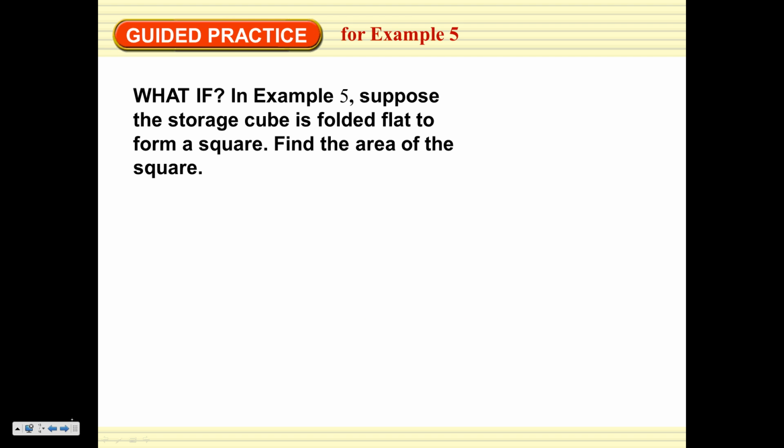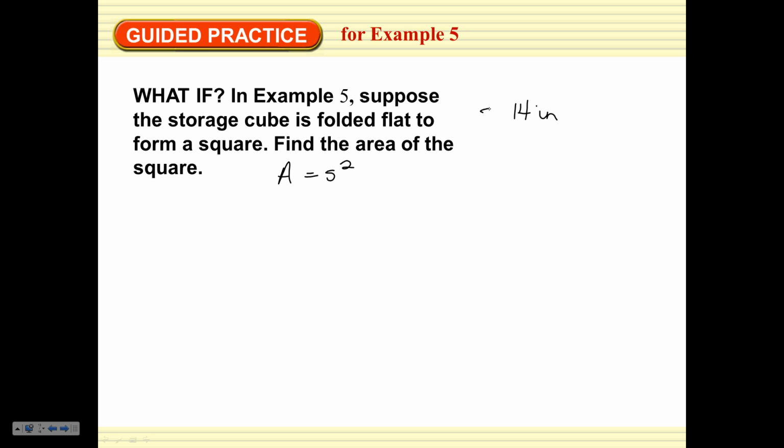Next one. What if, in example 5, suppose that you fold that storage cube flat to form a square. Find the area of that square. So again, we know the sides are all 14 inches. Okay? And what is the area? The formula for area is side squared.